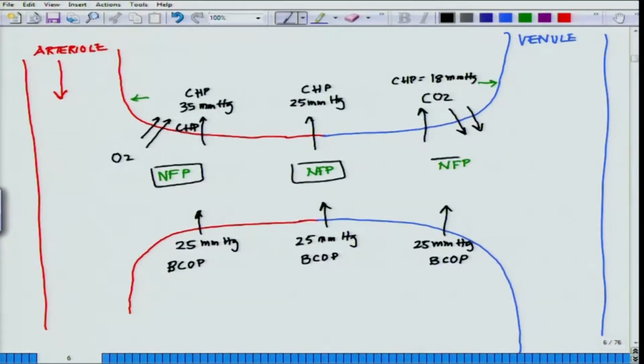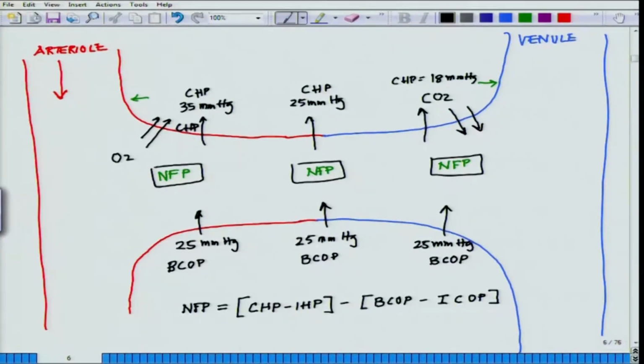So, your net filtration pressure, NFP, is equal to capillary hydrostatic pressure minus interstitial hydrostatic pressure minus bulk capillary osmotic pressure minus interstitial capillary osmotic pressure.